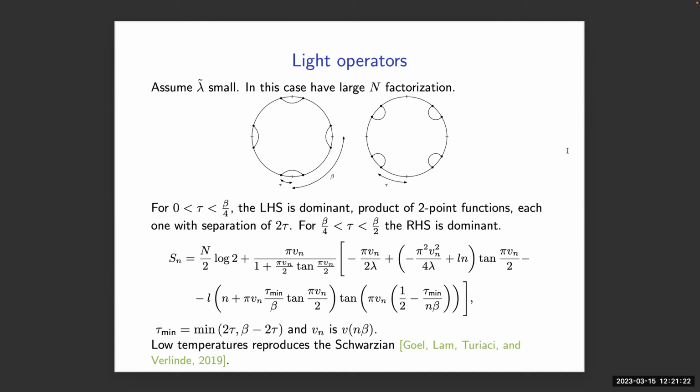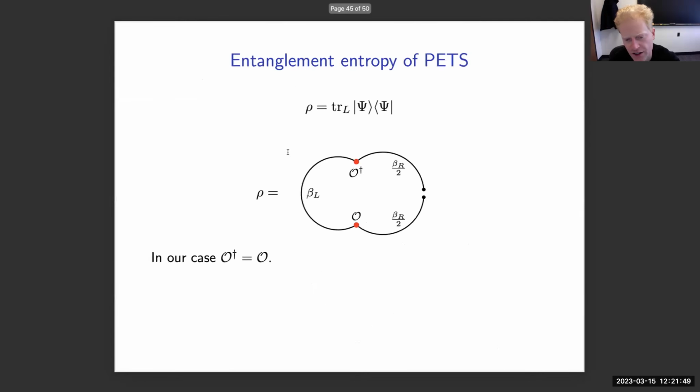Maybe I misunderstood something, but there is a phase transition in which diagram dominates. What I'm not seeing is, there's no notion of a wormhole here, right? I mean, this is a two-sided thing, right?